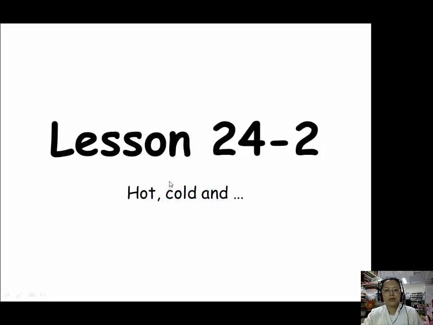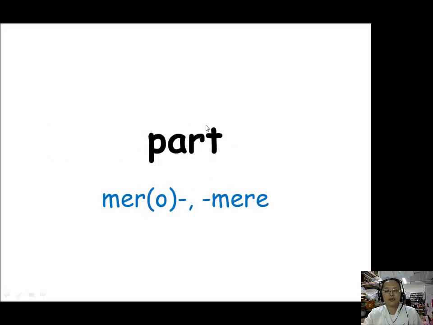Now let's proceed to the second part of lesson 24. We will learn more about prefixes and suffixes. For describing things that are only part of a thing or an organism, we could use this prefix, mero, M-E-R-O, or the suffix mere, M-E-R-E.